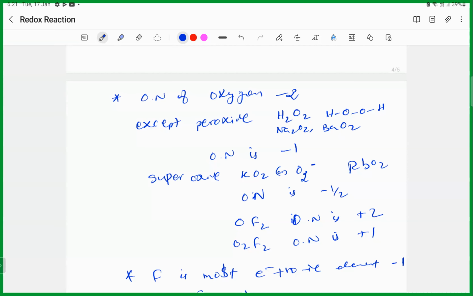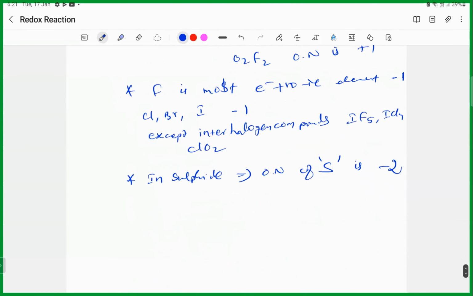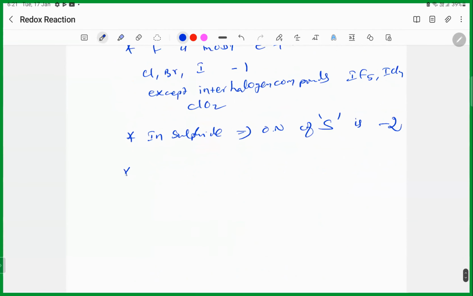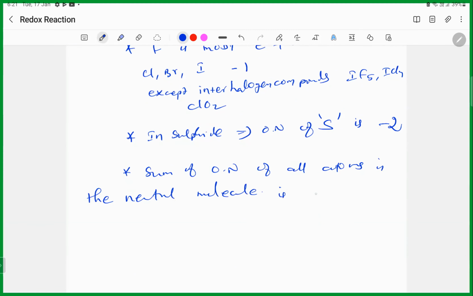So we can take it like that. And then the sum of the oxidation numbers of all atoms in a neutral molecule is 0.